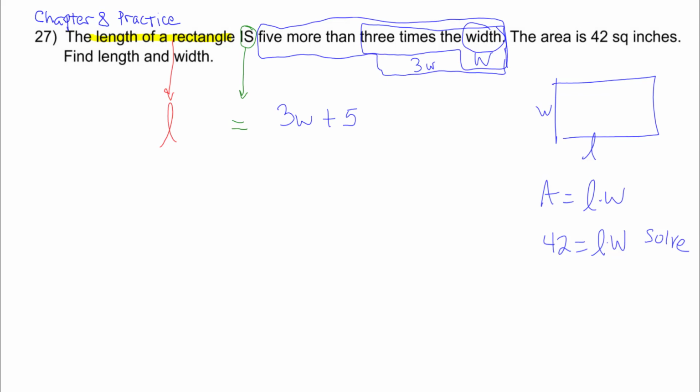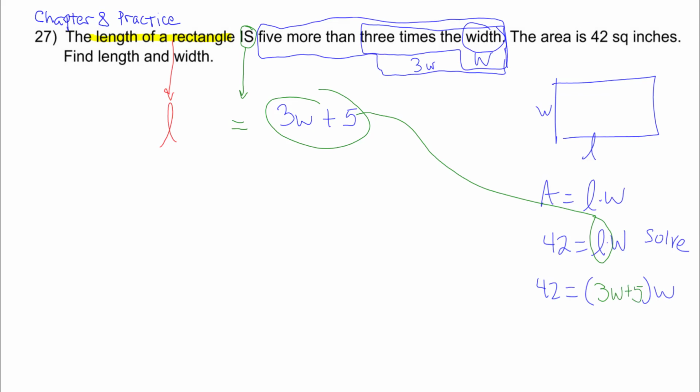I can take this formula and plug it into my equation and take the L out. And so now my formula says 42 equals, take the L out, L times W, but I'm replacing the L with the translation of that first sentence.